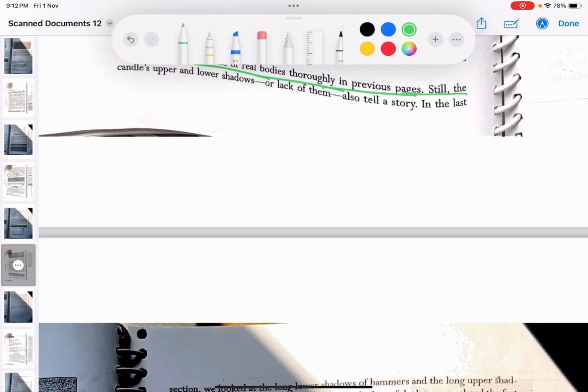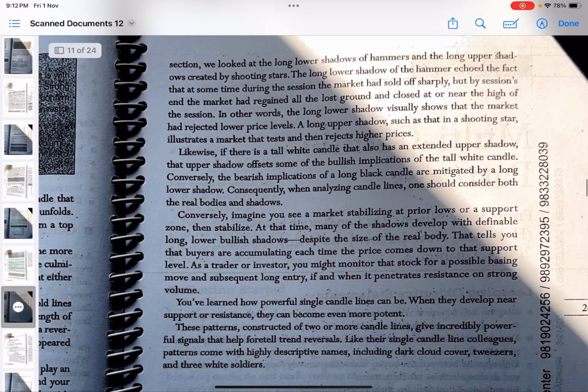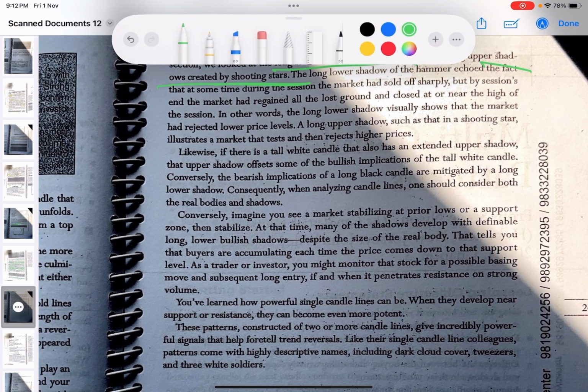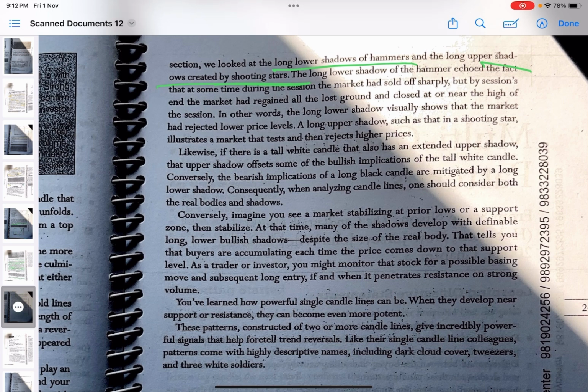We've explored the size of the real bodies thoroughly in the previous pages. Still, candles' upper and lower shadows, or lack of them, also tell a story. In the last section, we looked at the long lower shadows of hammers and long upper shadows created by the shooting star. The long lower shadow of the hammer echoed the fact that sometime during the session the market did sell off sharply, but by the session's end the market had regained all the lost ground and closed near the high.